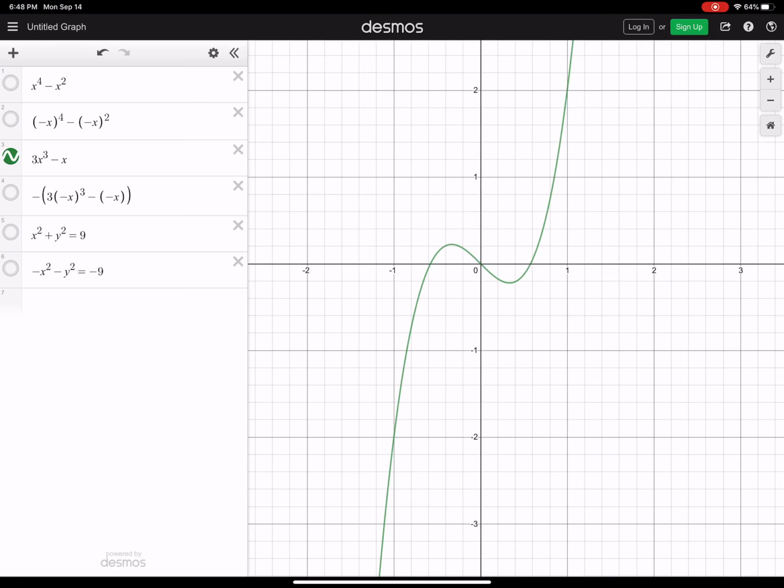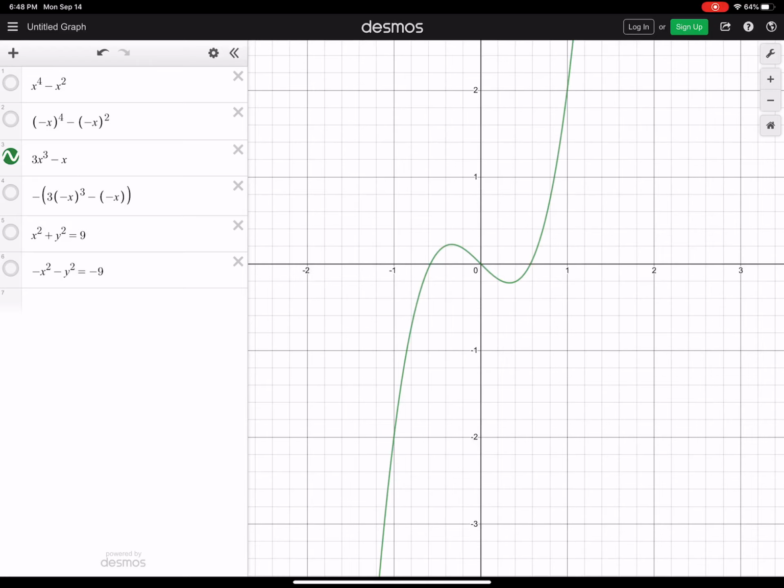It rises, makes kind of a hump, and then it comes down through the origin, and then it does a very symmetric thing. And it looks to me that if we could rotate around the origin 180 degrees, we would have the very same graph.